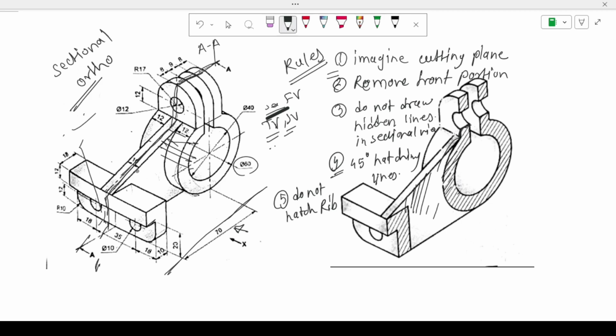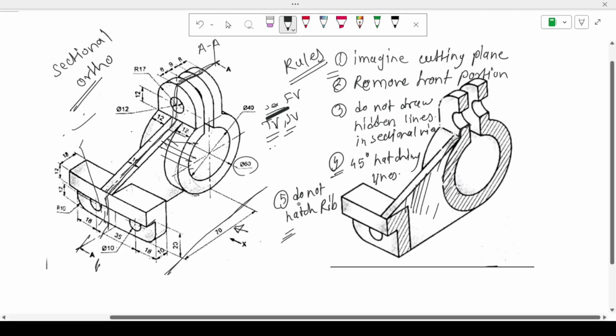If we hatch them, they look thicker, and it may give a wrong impression. So to avoid confusion, the ribs are not hatched in a longitudinal section. You just have to remember that hatching lines are not given to the ribs.